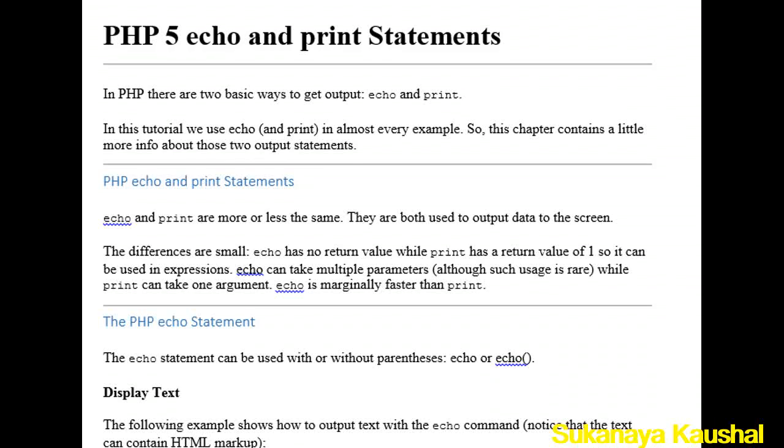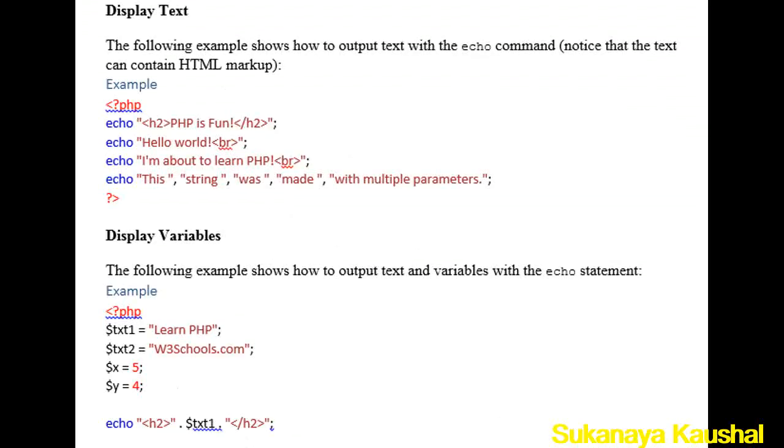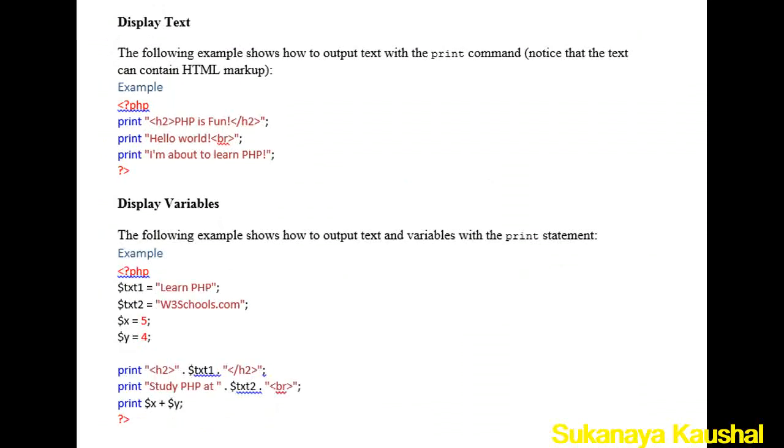The differences are small: echo does not return a value, whereas print returns a value. So that is the echo statement. Echo can be used with or without parentheses, that is, echo or echo with brackets.